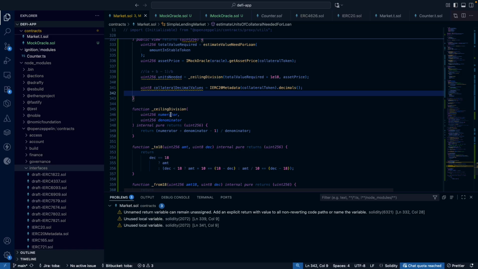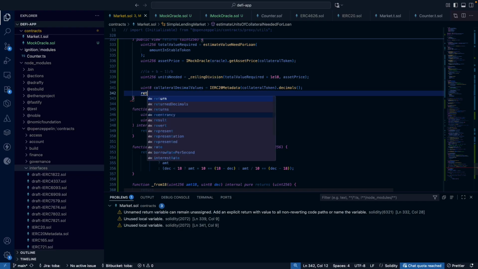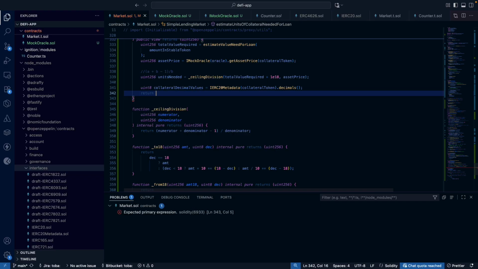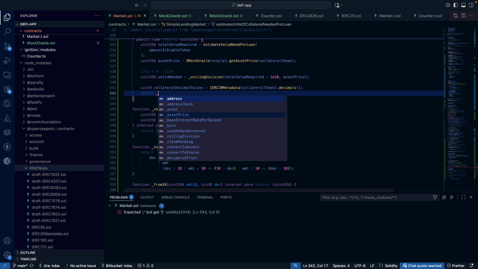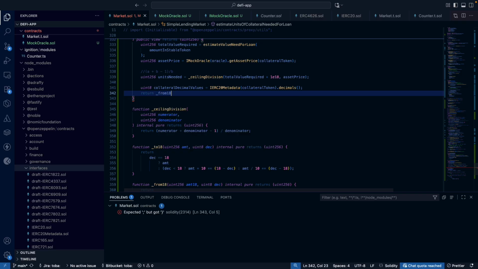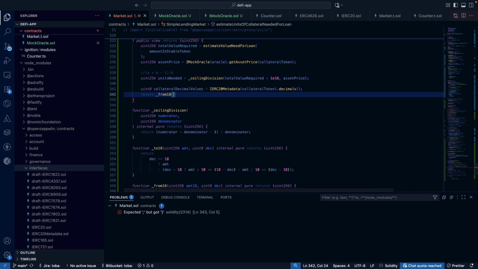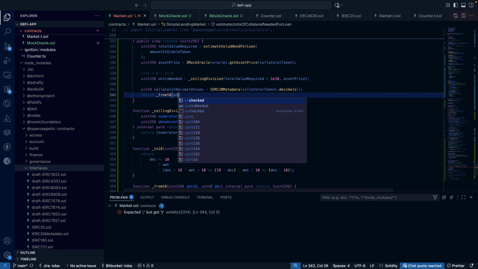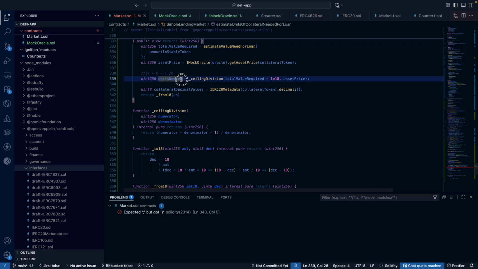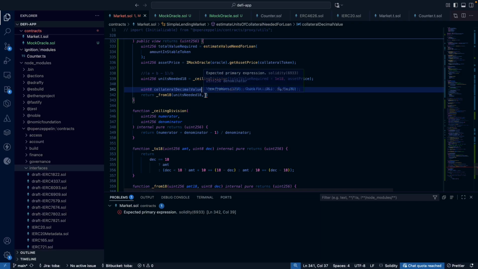So in that case, we need to return from 18, and we're going to say the units needed is, let me specify that this is in 18 decimal places. Units needed in 18 decimal places, and then collateral decimal value.